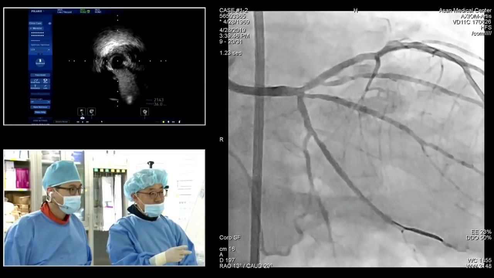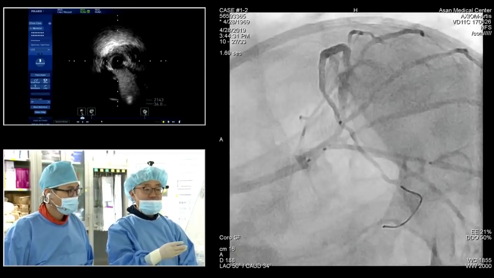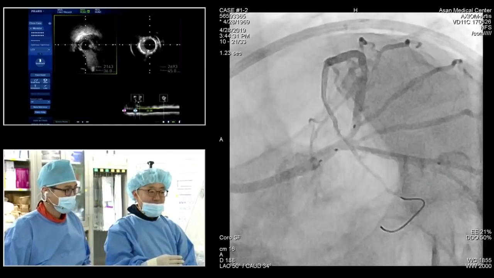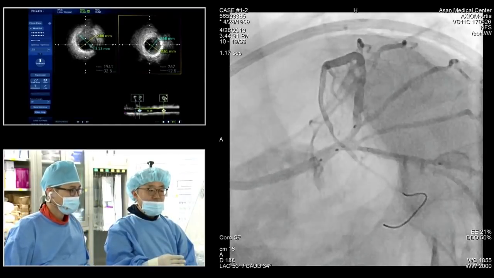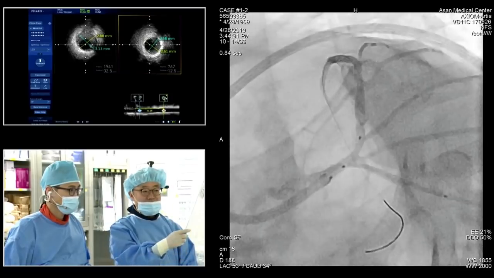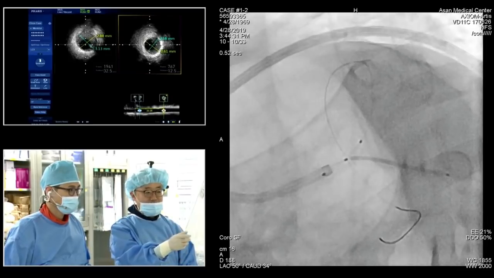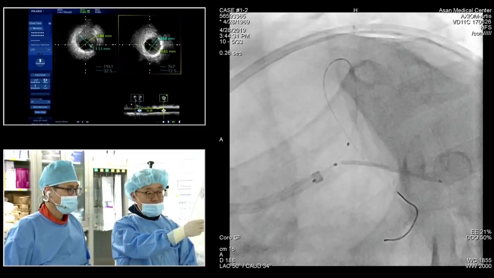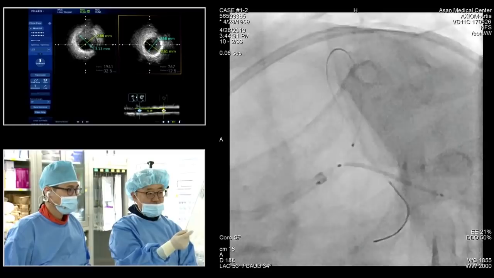Next one, and then on the basis of the IVUS finding, we decide the stent size as well as the stent length. This is a regular stent, and on the basis of IVUS 3.0 is okay, and the 26 fully covers that OM region, and this is the exact positioning of the crush portion.